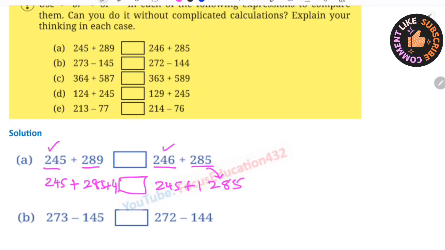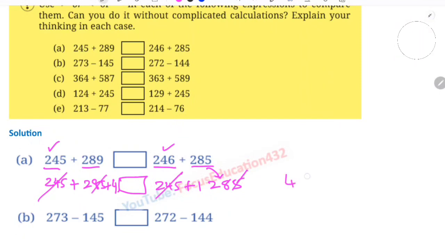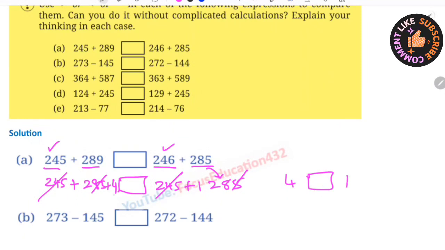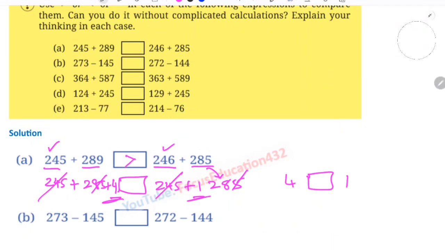So 245 is cancelled, and 285 and 285 is cancelled. What is remaining here? 4 on the left side and 1 on the right side. Now easily we can do it. 4 is greater than 1. This is without doing calculations. Without doing complicated calculations, we just cancel the things.